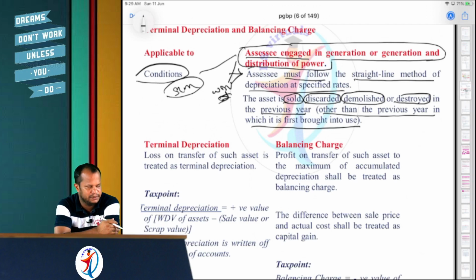Terminal depreciation and balancing charges can arise only if the asset is sold, discarded, demolished, destroyed in the previous year other than the previous year in which it is bought and put to use first.